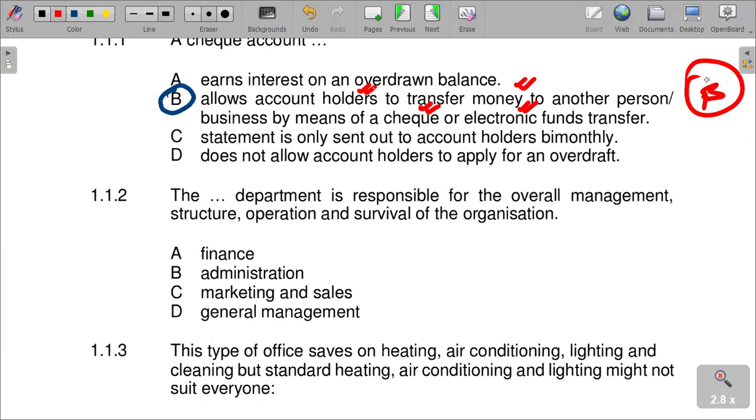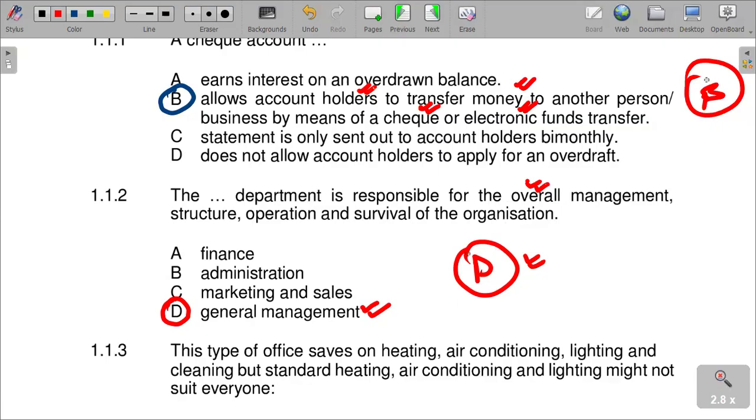The next question: this department is responsible for the overall management structure, operation, and survival of the organization. The question is saying overall management structure, operations, and survival of the organization, so it is general management, which is D. General management is the department in the organization that is responsible for the overall management structure, operations, and survival of the organization.